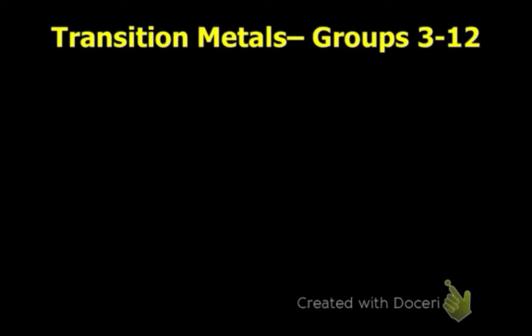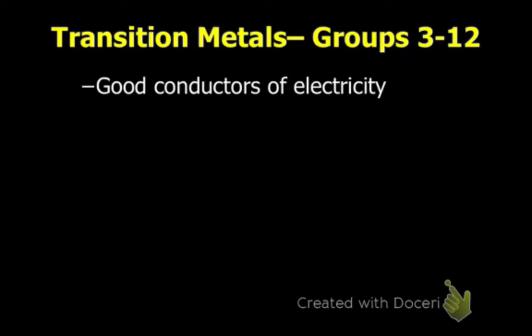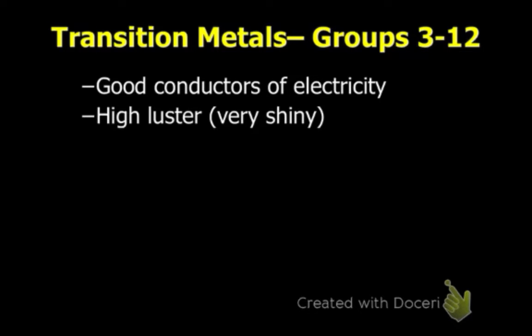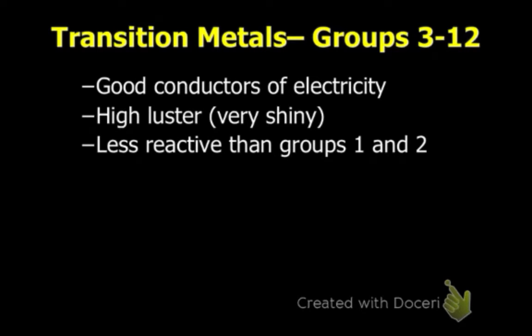Transition metals are that group in the middle, kind of the transition between the metals and the nonmetals. They're good conductors of electricity, so a lot of the things that we use for wires and conductors are in this group. They are very shiny, they have very high luster, and they're much less reactive than groups 1 and 2.